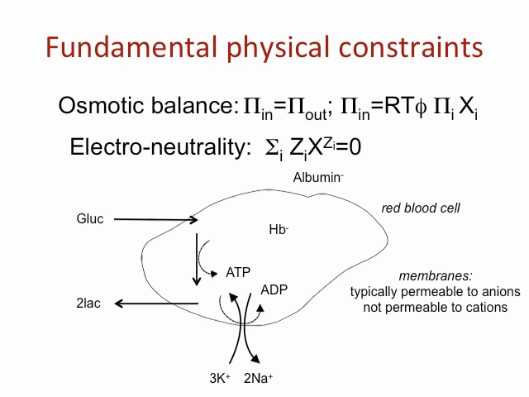It pumps ions across the membrane, like sodium and potassium, shown at the bottom of this slide, and therefore it has to balance electron neutrality because elemental charges cannot be separated. So these are important constraints that are placed on dynamic mass balances that are actually often ignored for convenience sake.